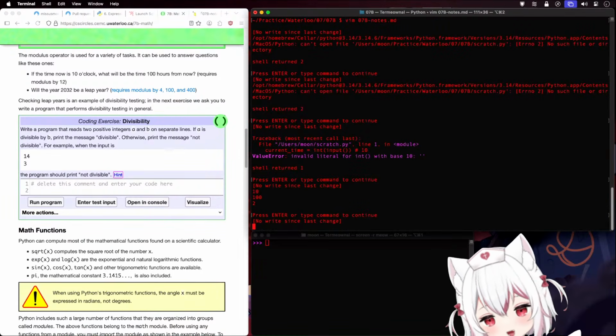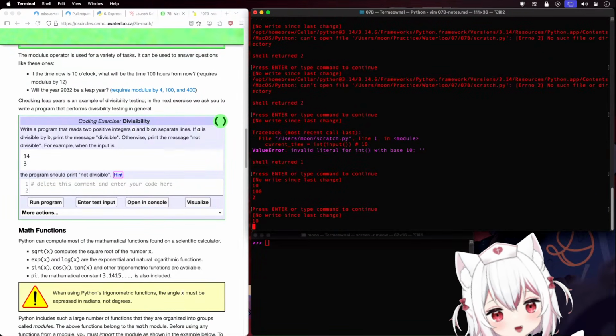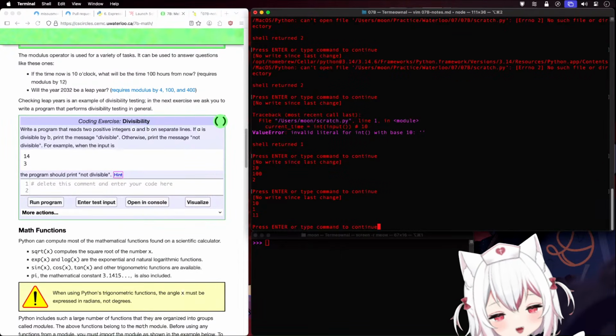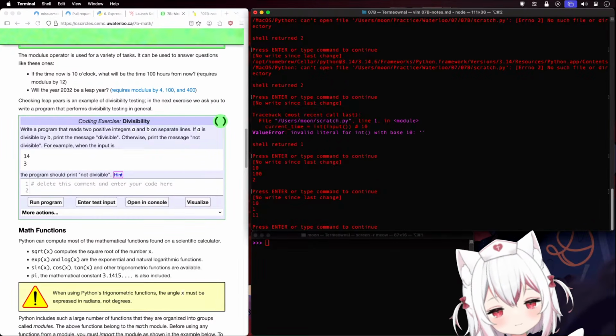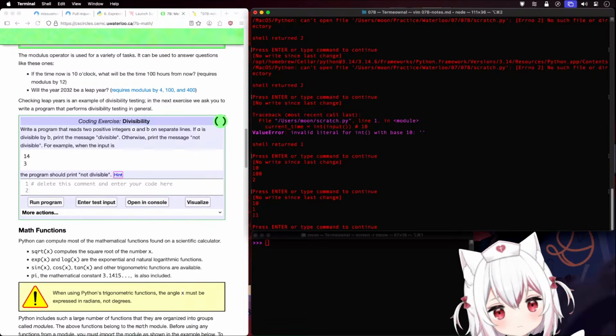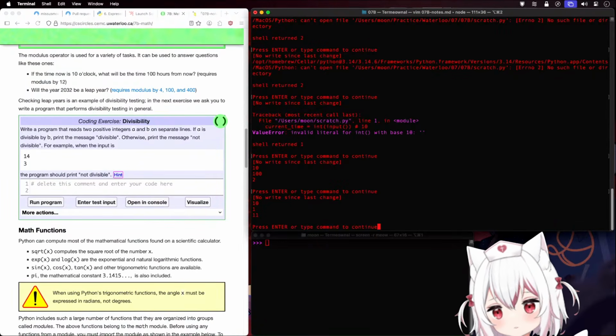So if it's currently 10 o'clock and 1 hour has elapsed, we get 11. Why does that work? 11 modulo 12.